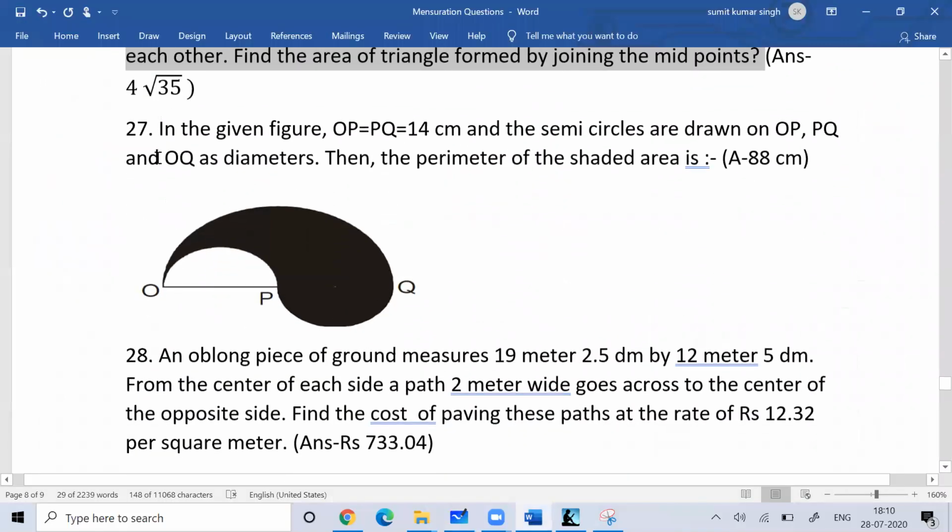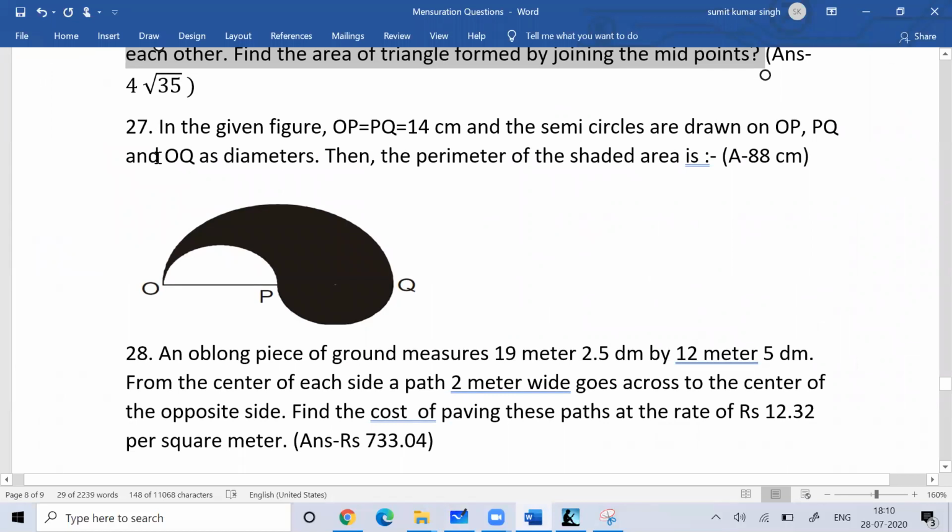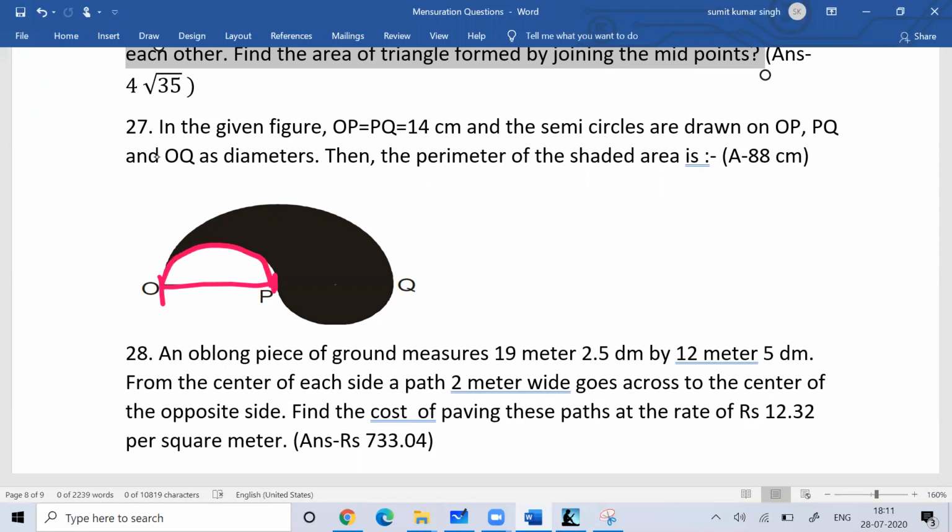Now you can see the next question. Question number 27. In the given figure, OP equals OQ. This is 14, so the radius would be 7. What would this be? This would be pi r, so this would be 7 pi.